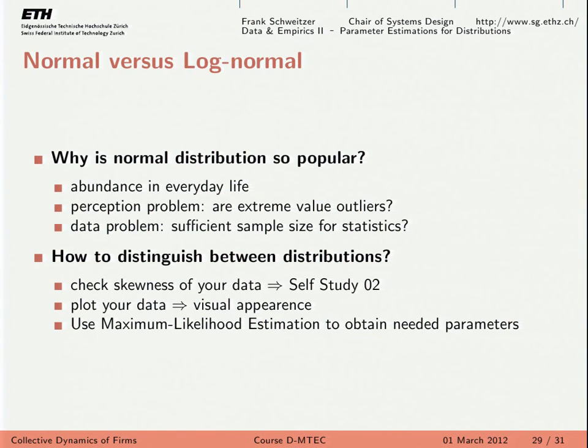In order to determine whether outliers belong to the distribution or not, you need to have sufficient statistics. And in most cases, you didn't have these statistics before. That's an important issue. That means you do not have enough evidence to tell that this particular value that you have observed also belongs to another distribution, namely to a log normal distribution.